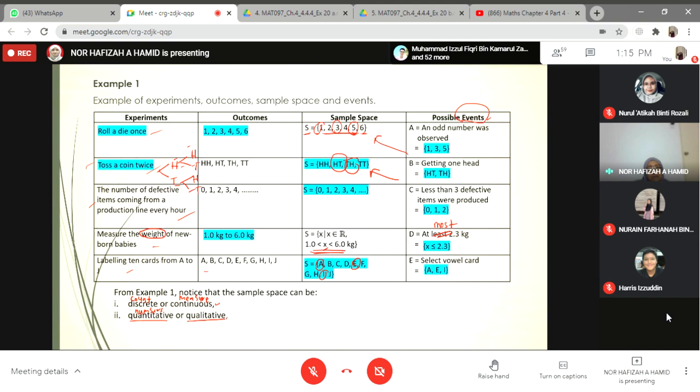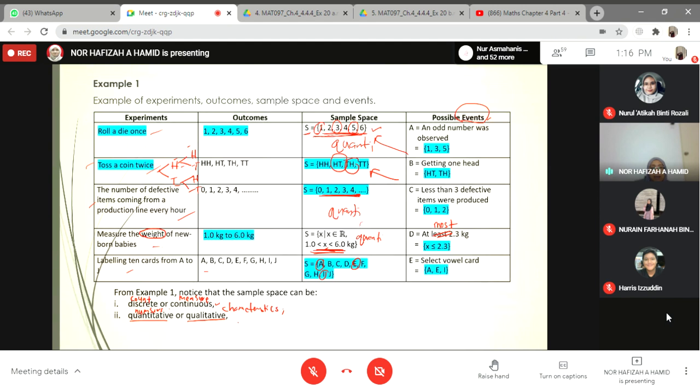For qualitative, the sample space is in terms of characteristics, for example colours or letters. For numbers, an example is the first one. All of these have sample spaces in terms of numbers. The same goes for number 3, which is also in terms of numbers, so it is quantitative. Number 4 is also numbers. So we have 3 quantitative.